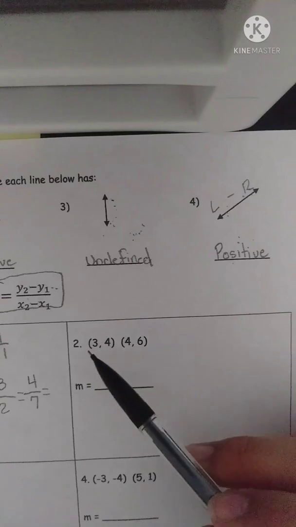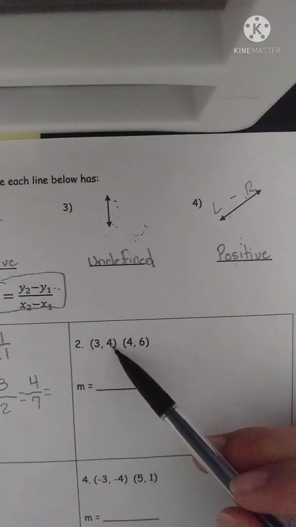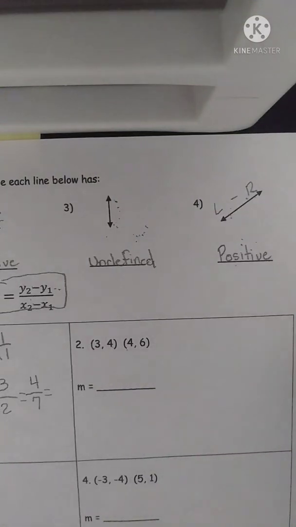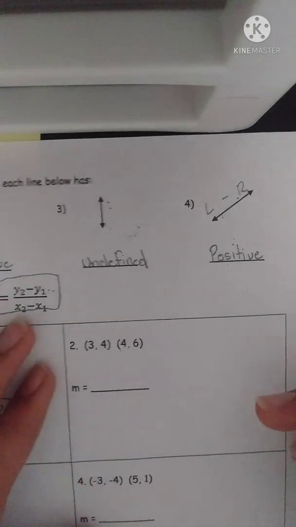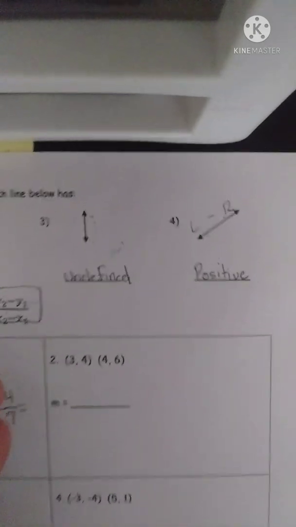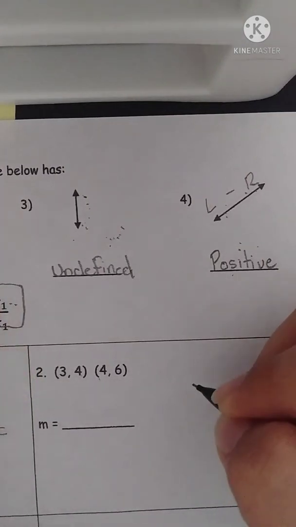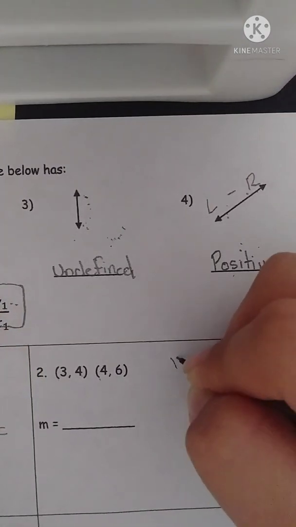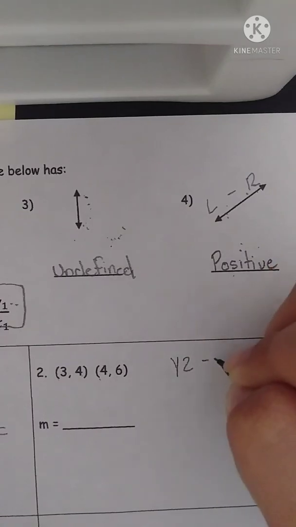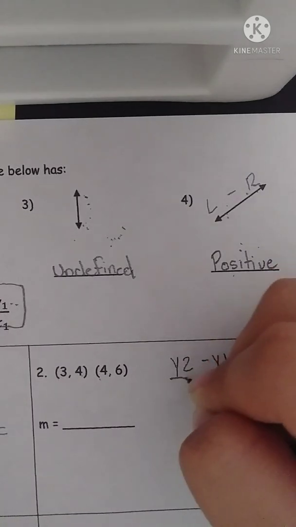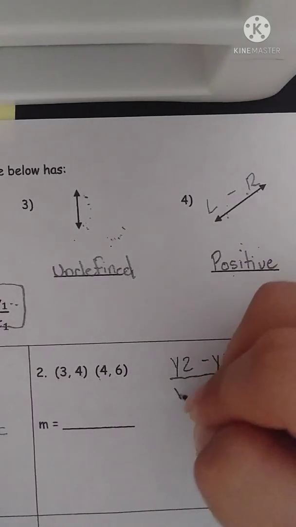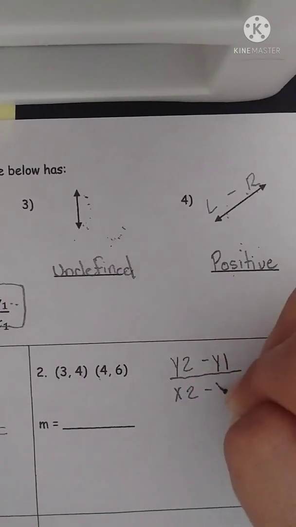This is going to be 3, 4, and 2, 4, 6. So again, I'm going to write the formula. I'm going to extend it a little bit, or zoom in so you can see. So the formula is going to be y2 minus y1 over x2 minus x1.